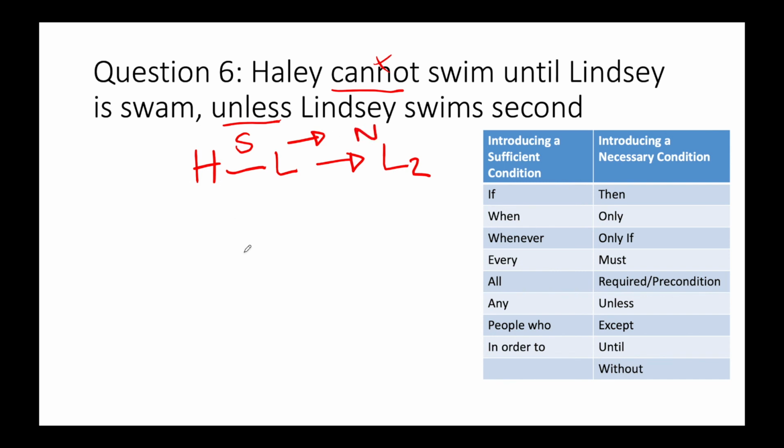And if we were to write it backward, we know if Lindsay does not swim second, then Haley won't be swimming before Lindsay. And because there are only two ways, it can either be Haley before Lindsay, or Haley after Lindsay.